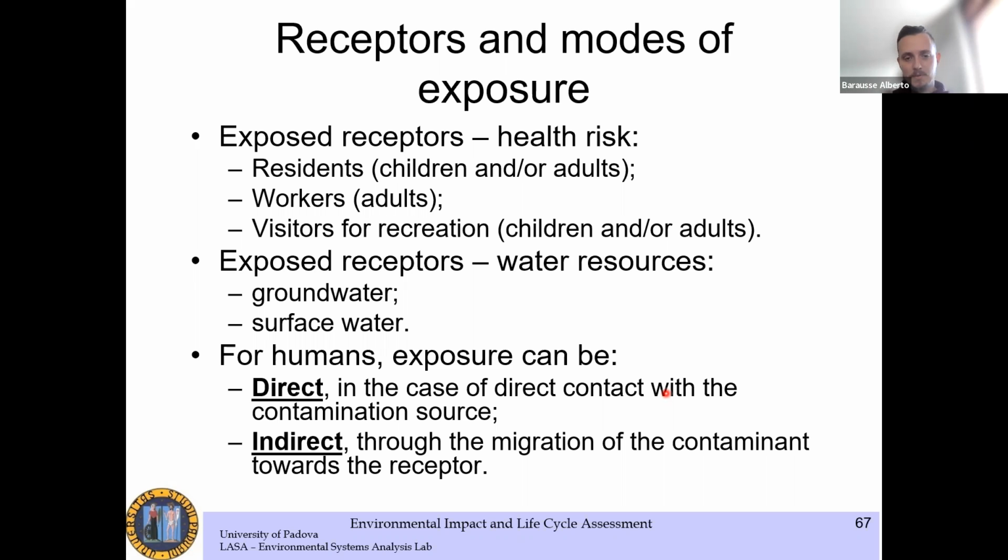If you focus on visitors for recreation, if you focus on children, if you focus on sensitive targets, people that have other health problems, you should also characterize the modes of exposure that can be direct and indirect, as I was mentioning in the beginning.